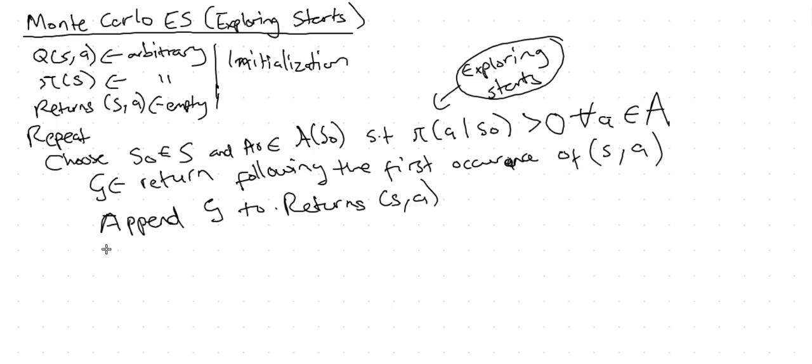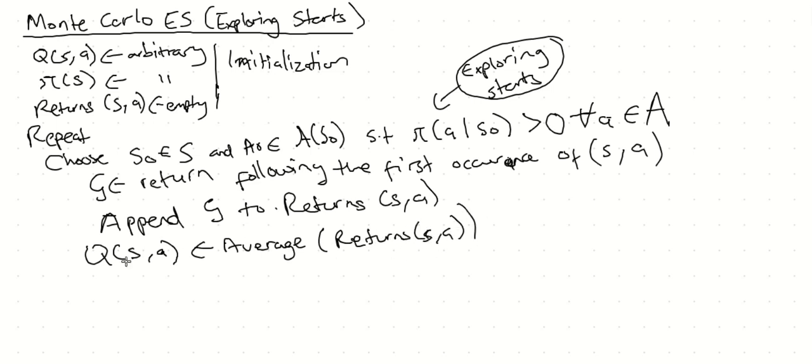To compute Q(s, a), we need to take an average, just like we did in the prediction stage, the average of Returns(s, a). That's how we find our Q(s, a). So that's Monte Carlo with the exploring starts assumption. Now we need to do the control part, because all of this is essentially doing prediction but for action values.